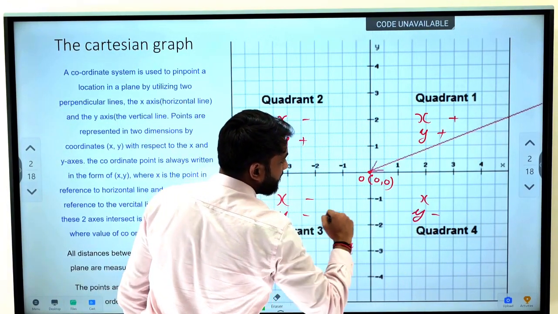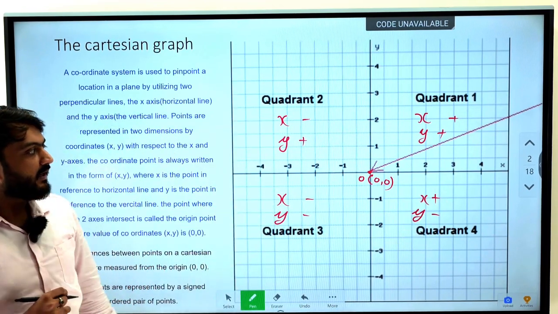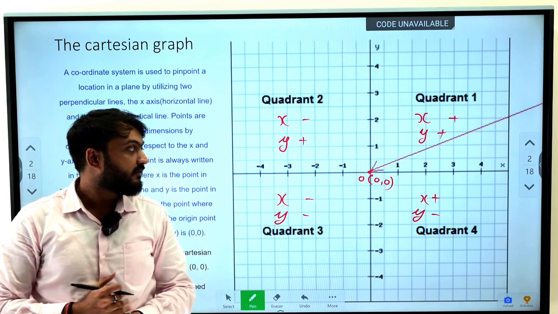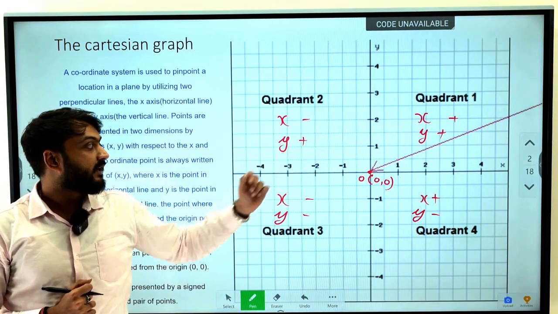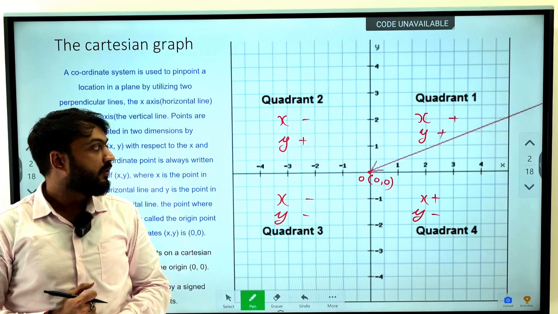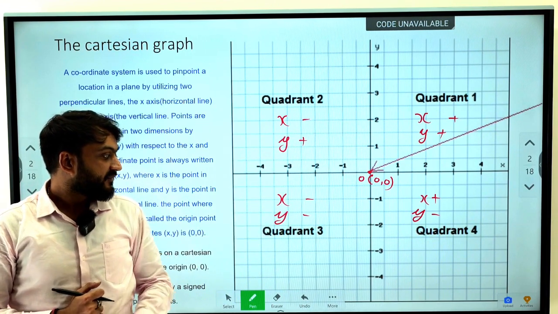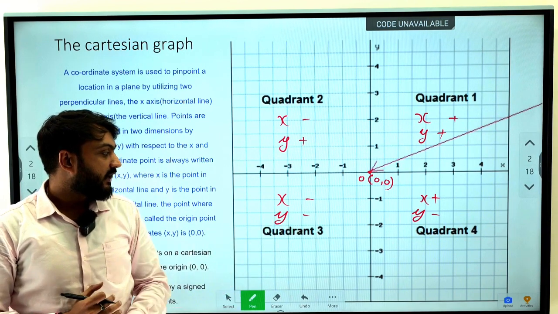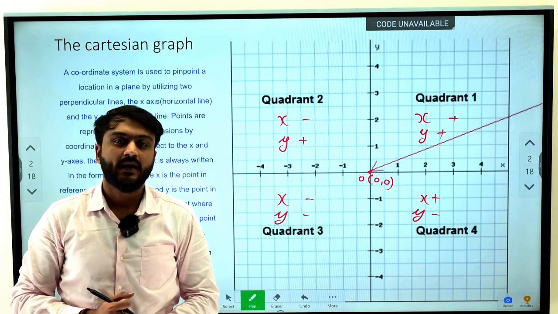But because it is towards the right of 0, the x values become positive. So x and y both will be positive as you move right and up from 0. X will be negative, y will be positive as you go left and up from 0. Quadrant 3, x and y both negative because it's left and bottom. Quadrant 4, x positive, y negative.